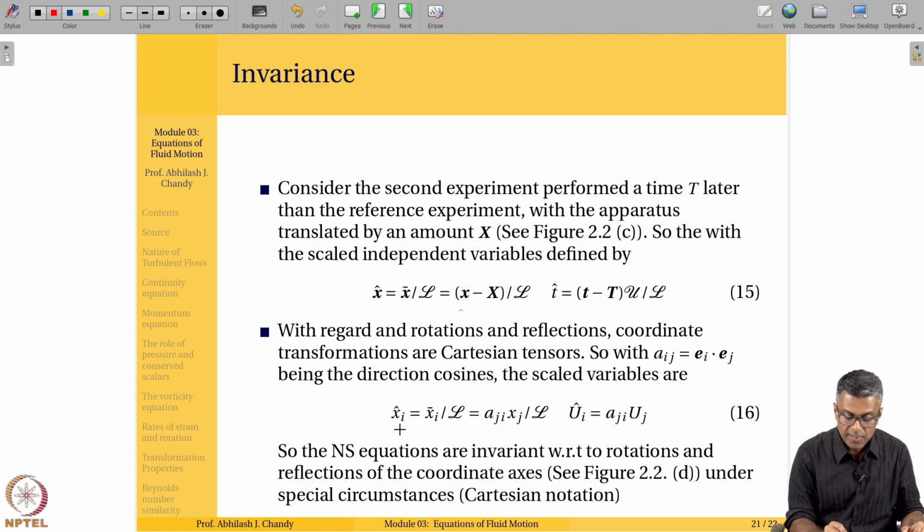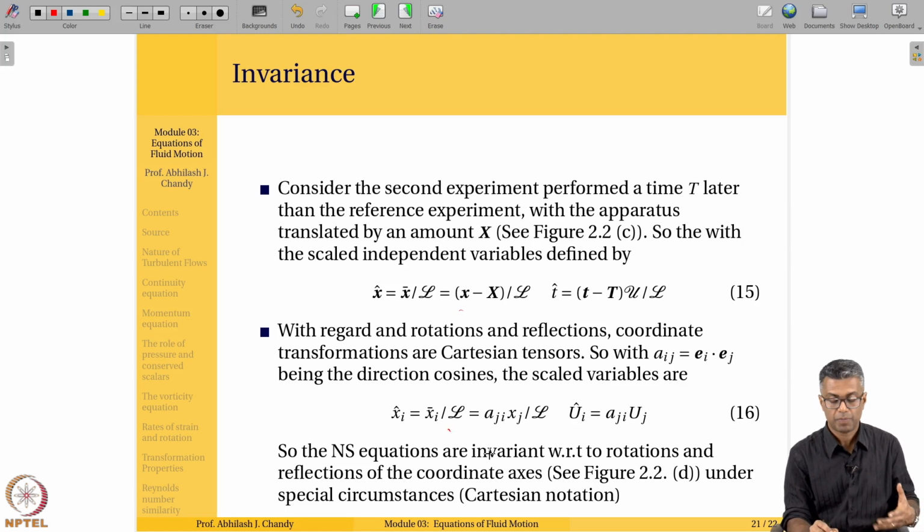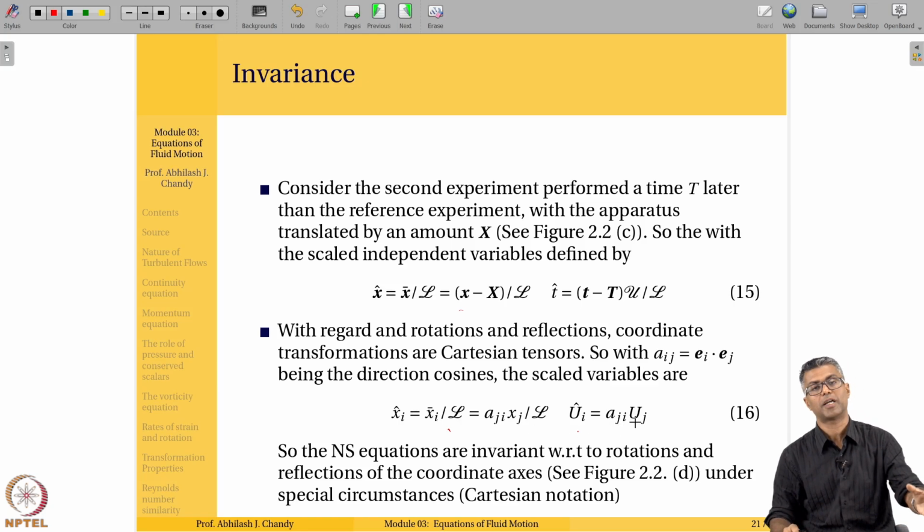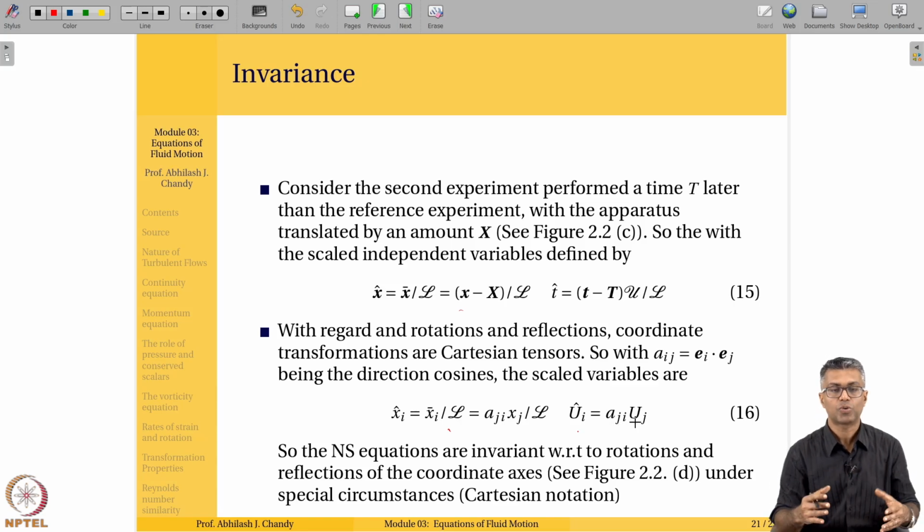Here again, x_i hat is x_i divided by L, which, using the transformation tensor, can be written as A_ji x_j divided by L. So your newly transformed variable is u_i hat equals A_ji u_j. All you're doing is multiplying it by a transformation tensor. And again, the Navier-Stokes equations are invariant to rotations and reflections. So this is the invariance property.